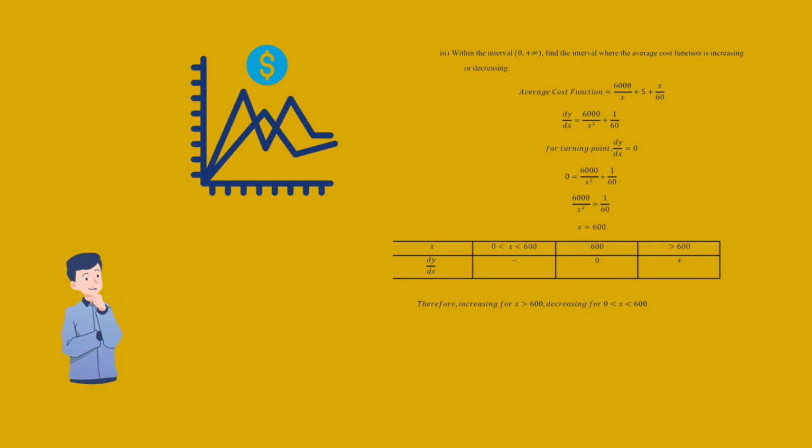Question 1, B3 Roman. Within the interval 0 to plus infinity, find the interval where the average cost function is increasing or decreasing. The average cost function equals 6,000 over x plus 5 plus x over 60.